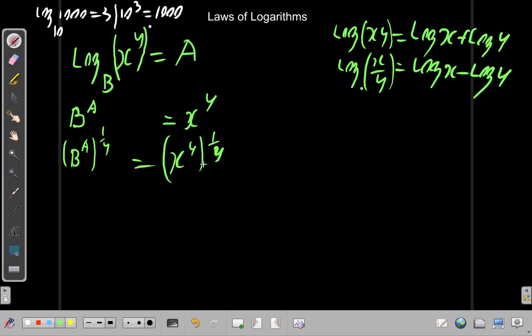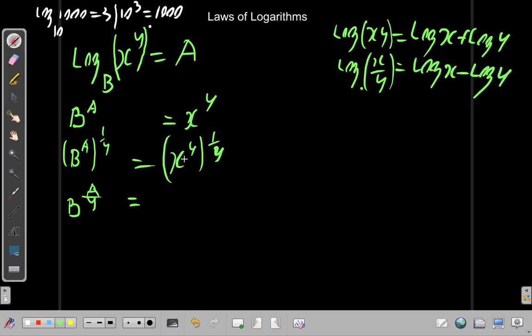So, when you have in indices a number raised to a power, and then that is raised to another power, you multiply the indices. So what you have here is b raised to the a times 1 over y, which is a over y, equal.